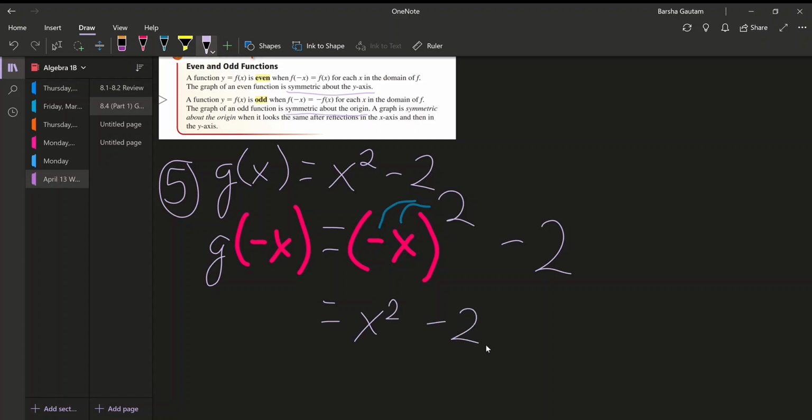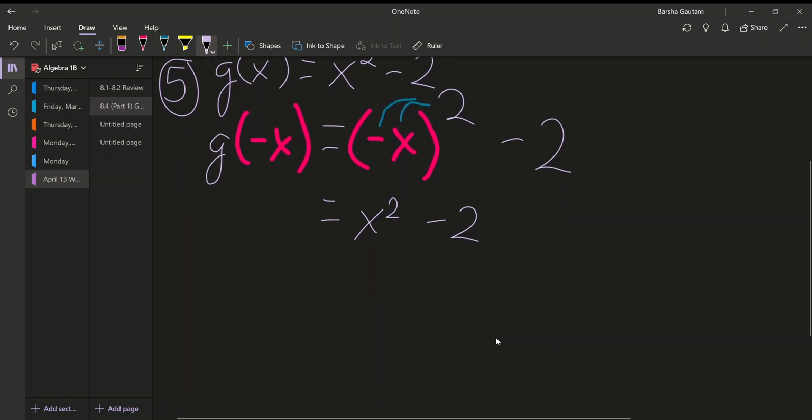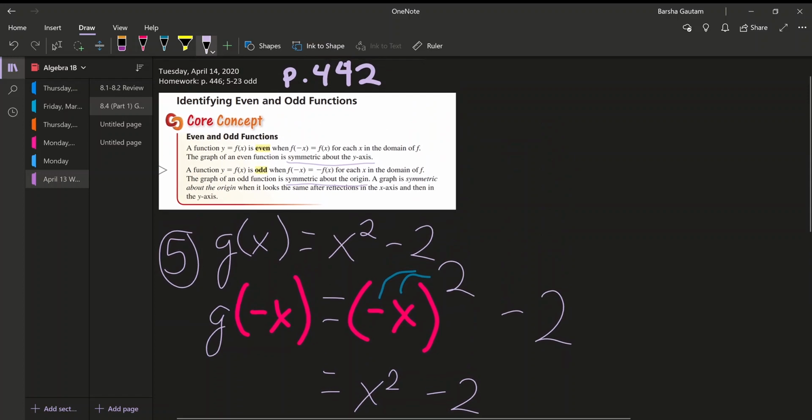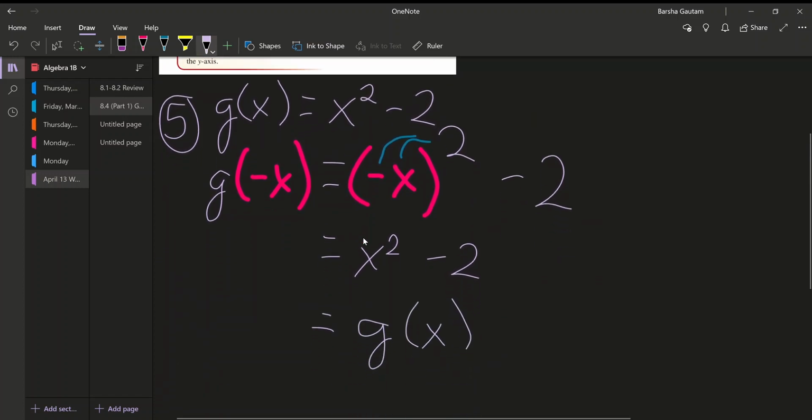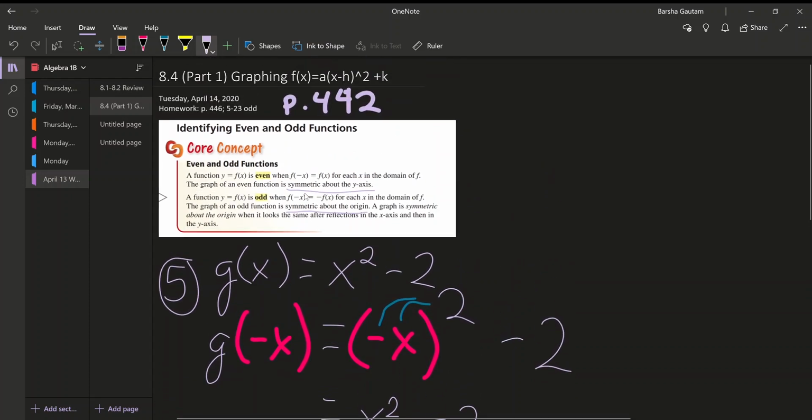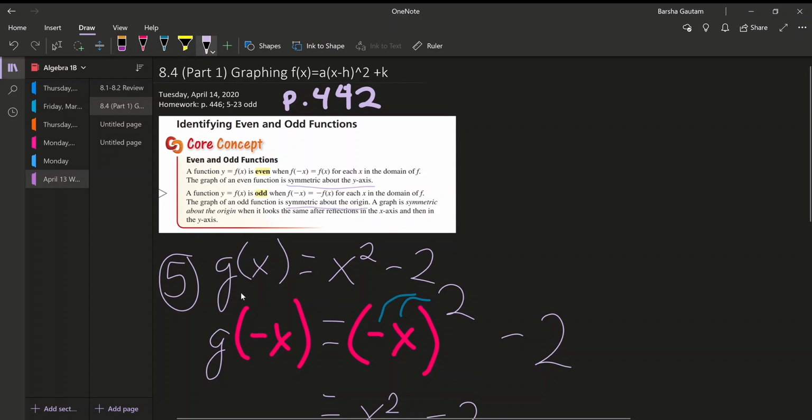So notice here that this is the same answer as this up here, right? X squared minus 2 is equal to x squared minus 2. So we can just replace this with g of x, right? Because that's the same thing. It says right here that g of x is equal to x squared minus 2. And notice here at the top, it says that if you're able to replace f of negative x, or g of negative x in our case, and it equals g of x, then it's an even function.